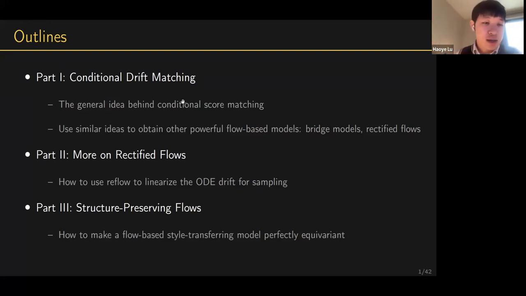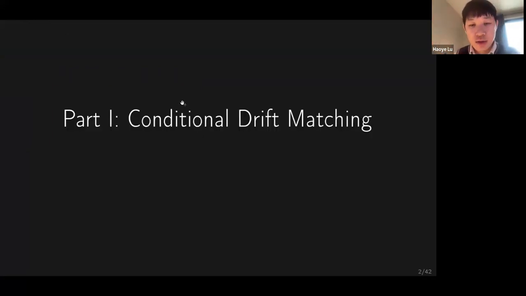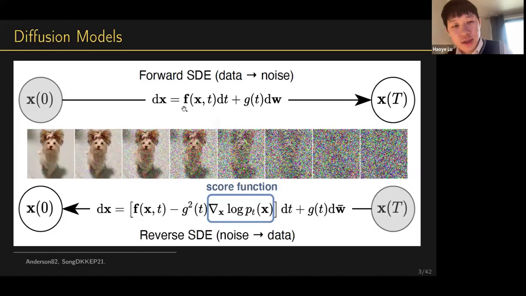All right, let's start from part one, conditional drift matching. Before we discuss the general framework, let's quickly review today's diffusion models. In every diffusion model, we have a forward SDE that transforms the data distribution to a high-noise distribution, which is typically a Gaussian distribution.